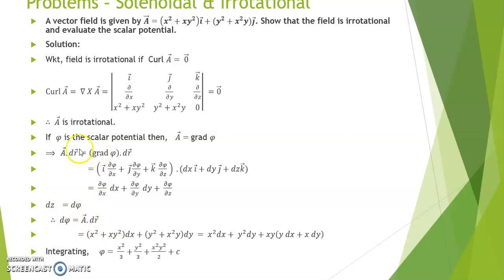So I can directly take d phi equal to A vector dot dr vector. It's very simple, just integrating this with respect to dx, dy and dz, you will get an answer. And one thing you have to note down is that repeated terms should be written only once.